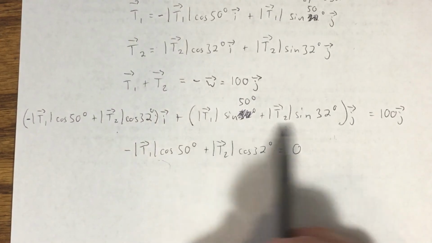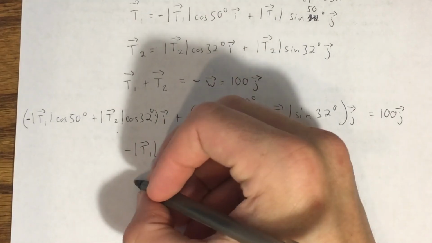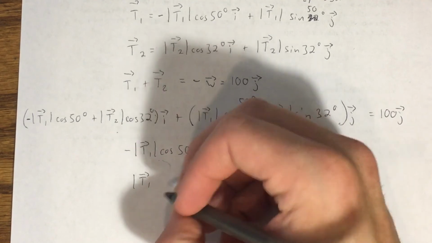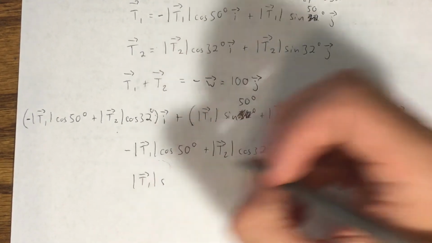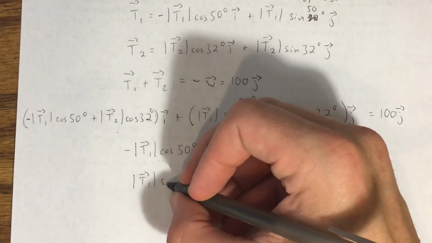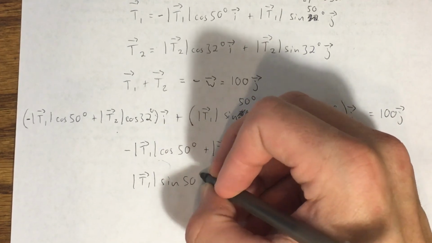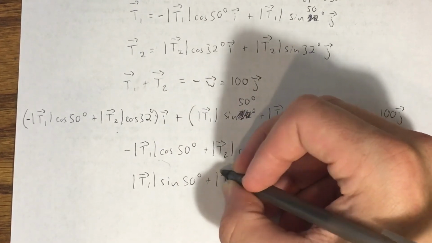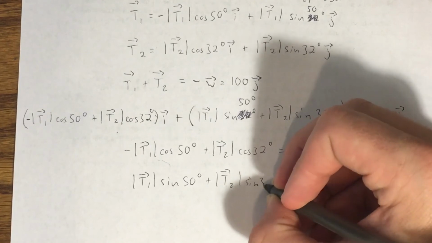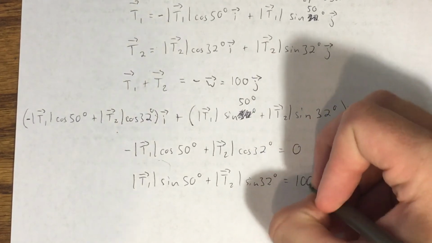And then the J components I can set equal to 100. So magnitude of T1 sine of 50 degrees plus magnitude of T2 sine of 32 degrees is equal to 100.